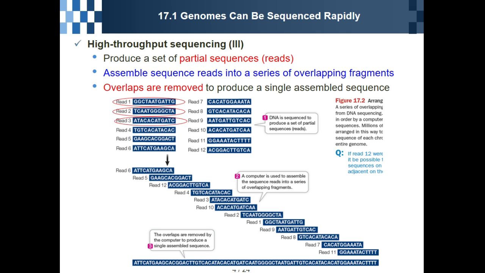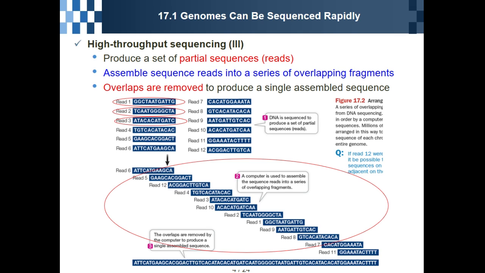Okay? So then we have to assemble these sequences into a series of overlapping fragments, like this. For example, in this case, read 6 has ATT, CA, TG, AA, GG, GCA, and also read 5 has an overlapping region, GAA, GCA, like this.